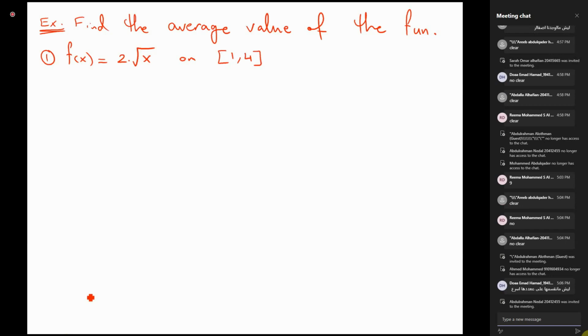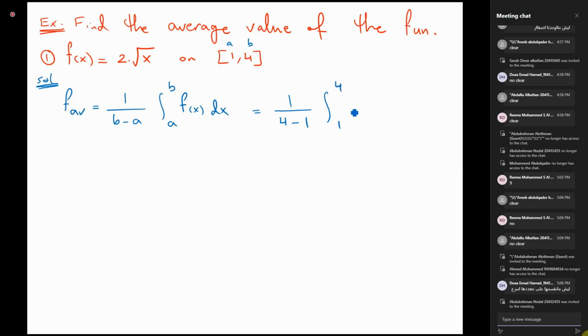The solution: the average of the function f of x equals, this is a and this is b, 1 over b minus a integral from a to b of f of x dx. So this equals 1 over 4 minus 1 integral from 1 to 4 of radical x dx.